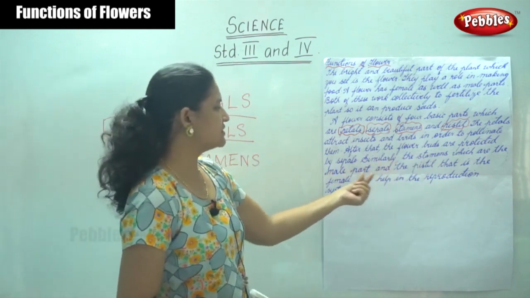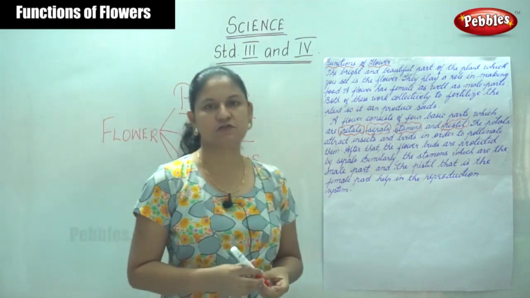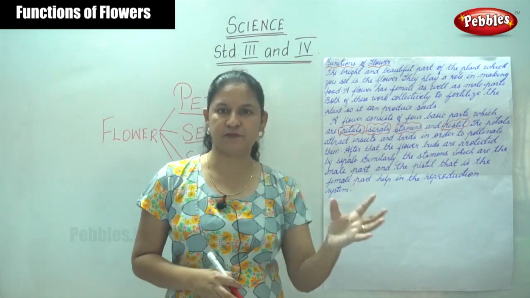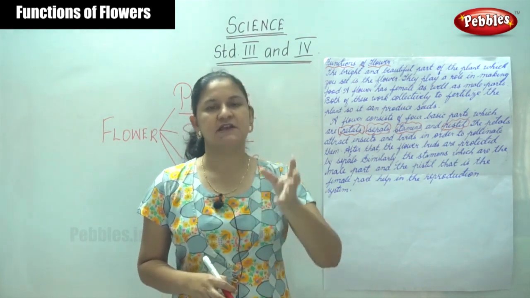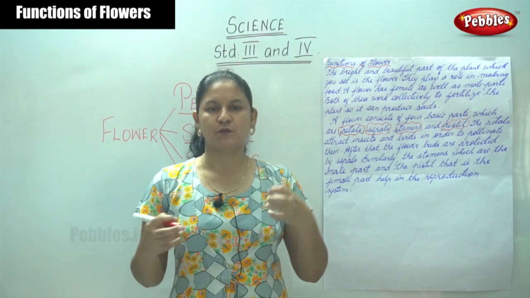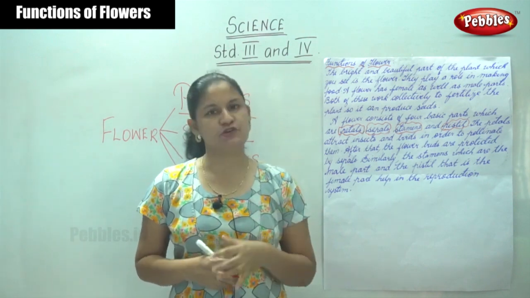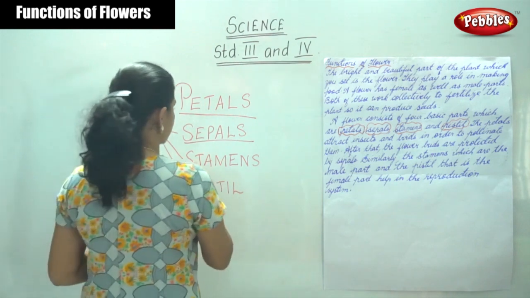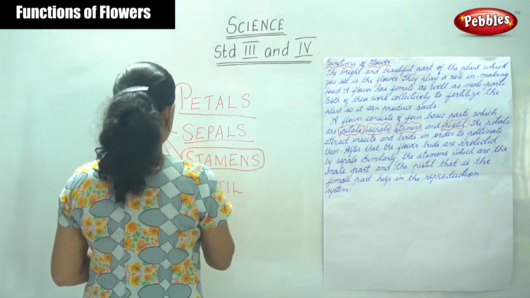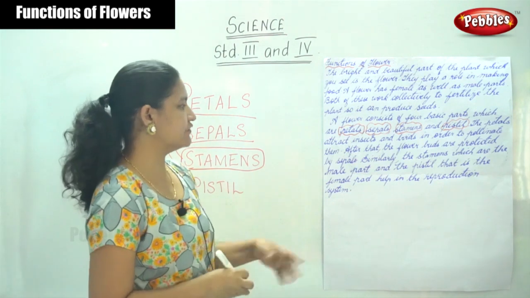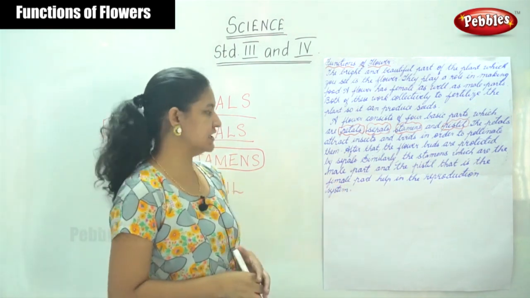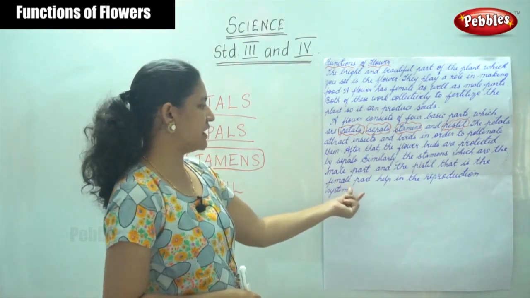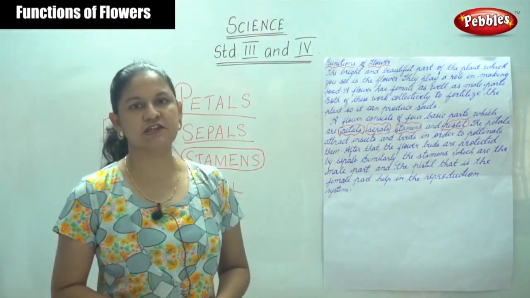Similarly, the stamen is the male part of the flower, and the pistil is the female part. As I've already told you, a flower consists of female and male parts, and these work collectively to produce seeds. The pistil, which is the female part, helps in the reproduction system.